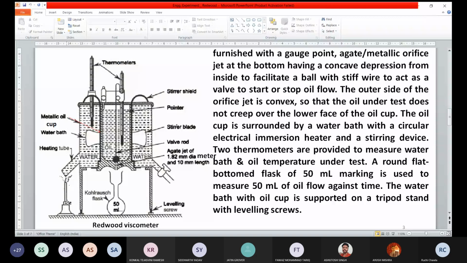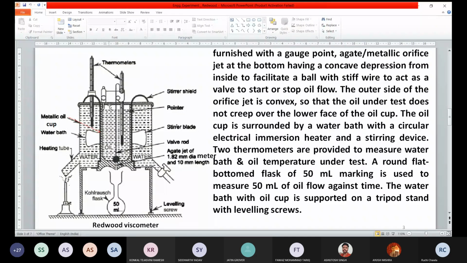And this you can see, there is an orifice here, and that orifice has been covered with a metallic gate, or you can say there is a metallic ball over here.